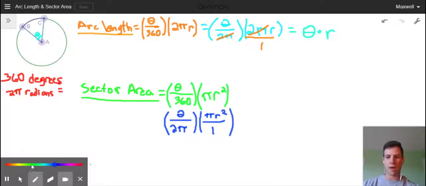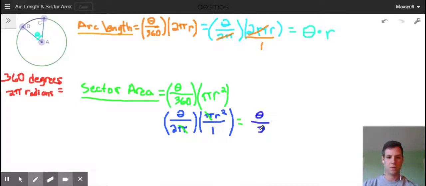Now, if we look at our formulas, we have a 2 pi in the denominator and pi in the numerator, so we can cross off those pi values. That means our formula in the radians version ends up being theta over 2, or half of our angle in radians, multiplied by our radius squared.